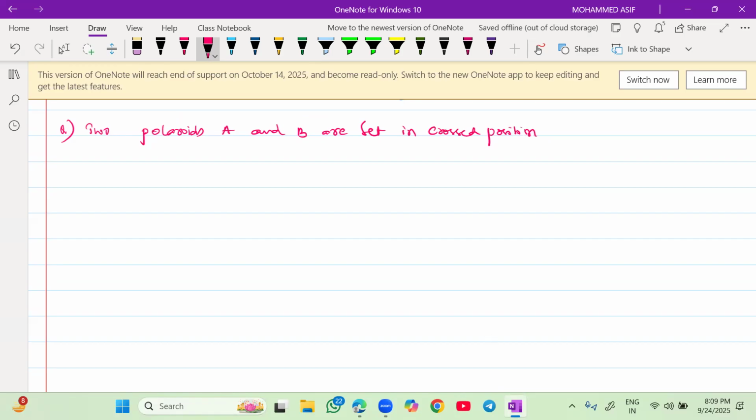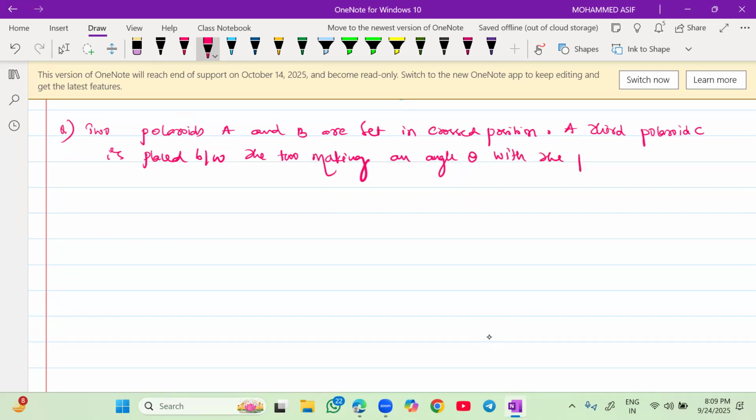And a third polaroid C is placed between the two, making an angle theta with the pass axis of the first polaroid.